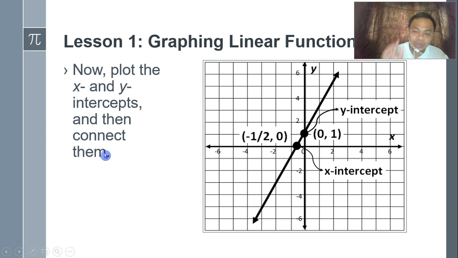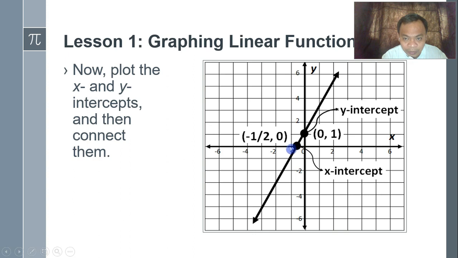Earlier, x is 0 and our y-intercept is 1. So, here it is: 0 on x, the y-intercept is 1. Then our x-intercept is negative 1/2 and 0. So, here is negative 1/2, going to the left from 0.